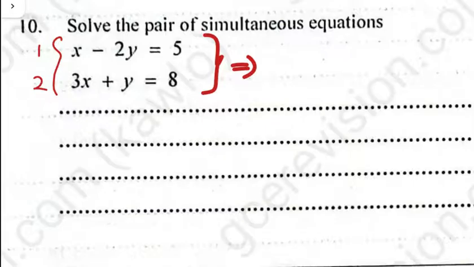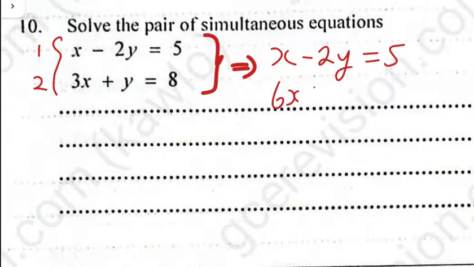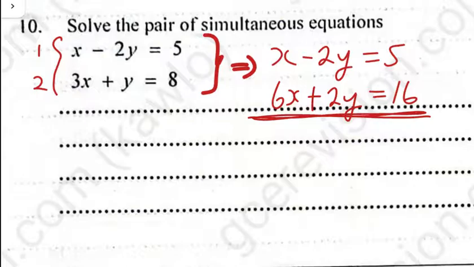So 1 times the first equation will leave it unchanged, and 2 times the second equation is going to give us 6x plus 2y equals 16. So at this point now, I can see that I can eliminate y, right? Since the signs are opposite, we'll do addition, okay? So this we have equation 3 plus equation 4.